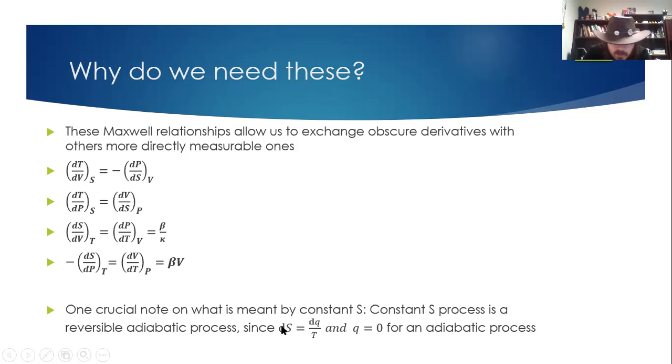So the only way changing entropy is zero is if heat is zero, and heat is only zero for an adiabatic process. So we're saying, how does temperature change with respect to volume under an adiabatic process? Well, that would be equal to how pressure changes with entropy under an isochoric system. That'd be inverse.